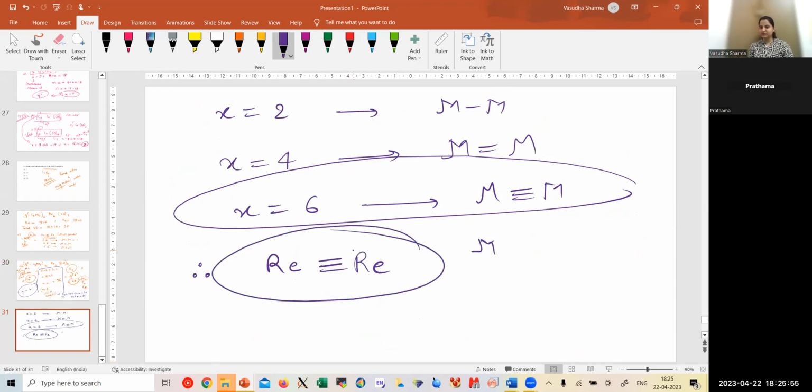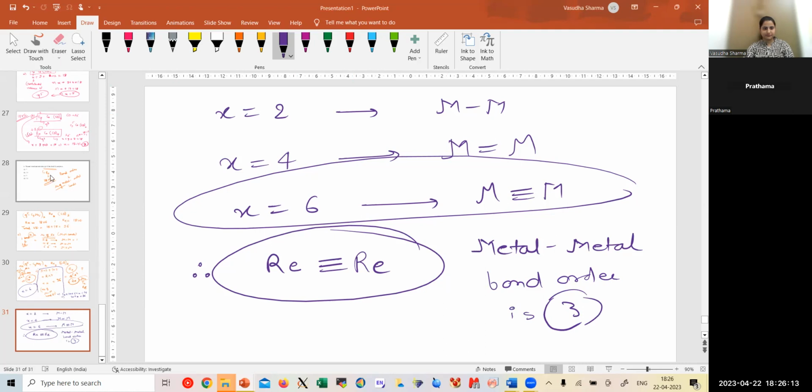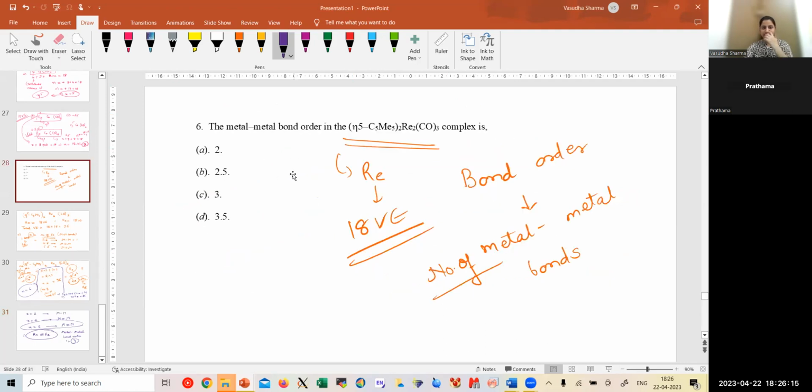So the metal-metal bond order is 3. The question was the metal-metal bond order in this particular complex, and we got the answer as 3.